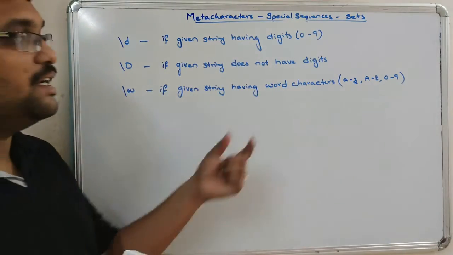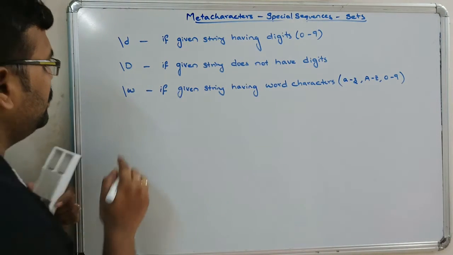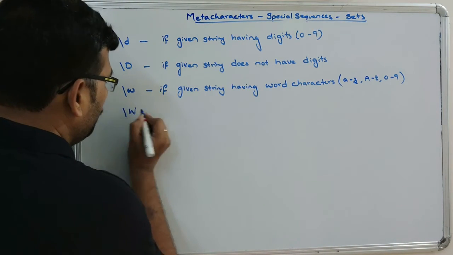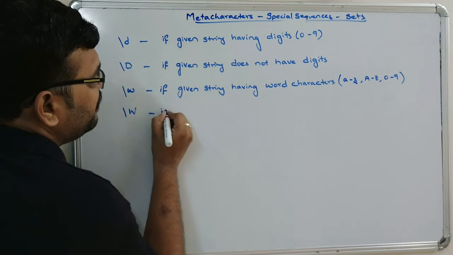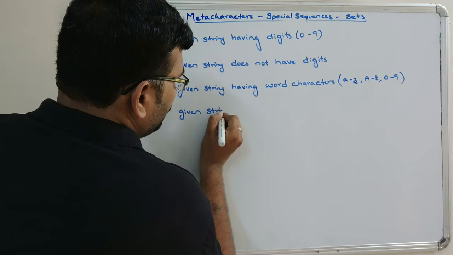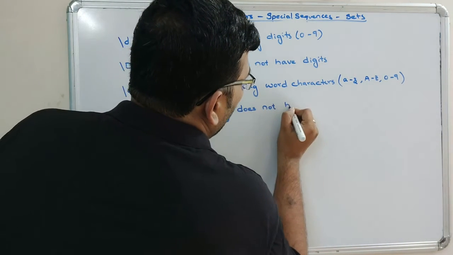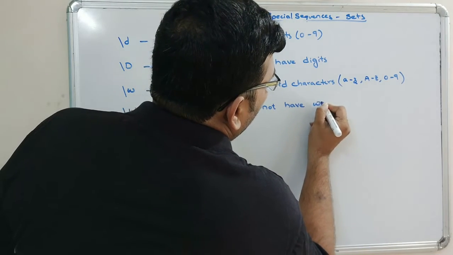If our string contains any one among these ranges, it will automatically return a match. And similarly \W returns a match if the given string does not have any word characters.